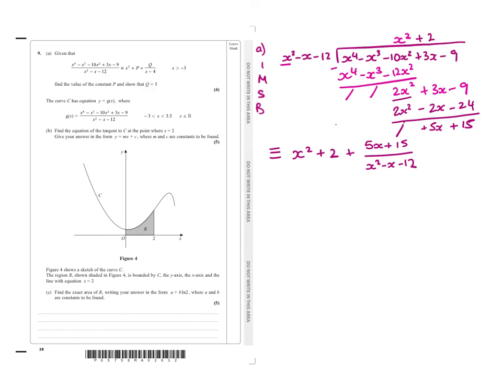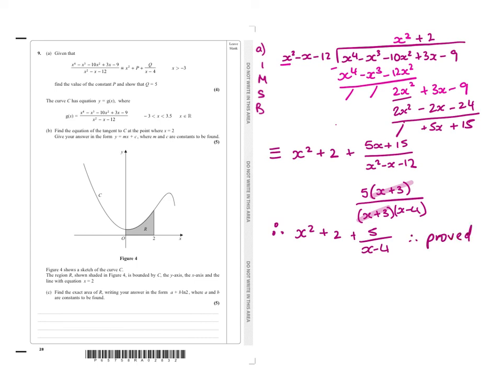So what I can see is that I can factorise. 5x plus 15 can be factorised to 5 lots of x plus 3. Our denominator factorises to x plus 3, x minus 4. We can cancel the x plus 3's. So therefore, x squared plus 2 plus 5 over x minus 4, therefore proved. Okay, so that was quite nice and easy.